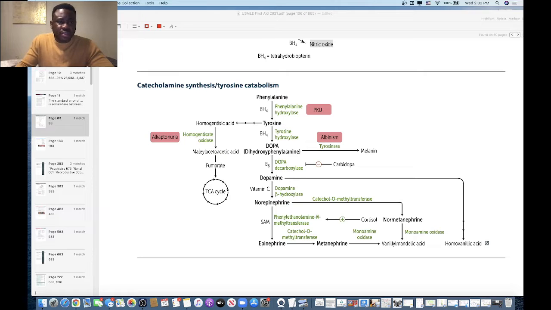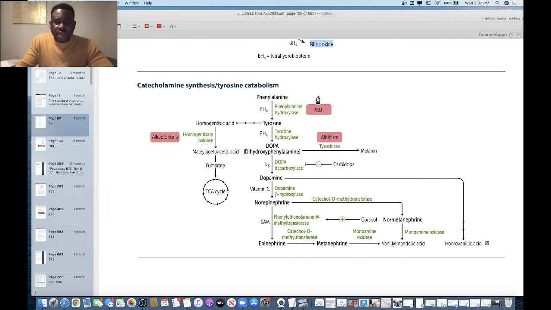You can see that the difference between phenylalanine and tyrosine is not anything big, it's just an OH. So hydroxylase means that it is adding OH, and then we get tyrosine.